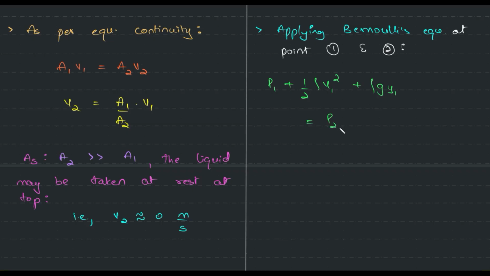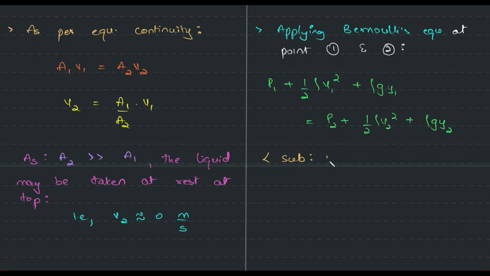This has to be equal to pressure, kinetic energy and potential energy at point 2. Then we need an expression for v1, so a bit of rearrangement.